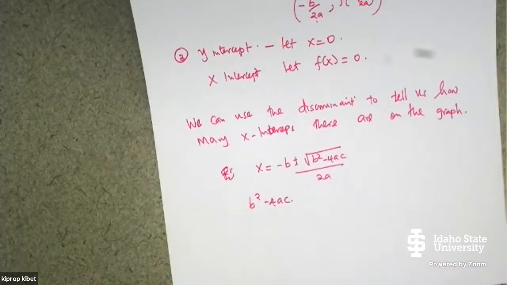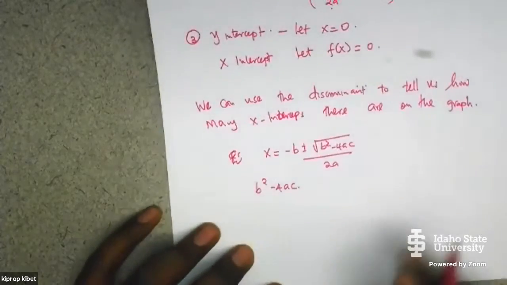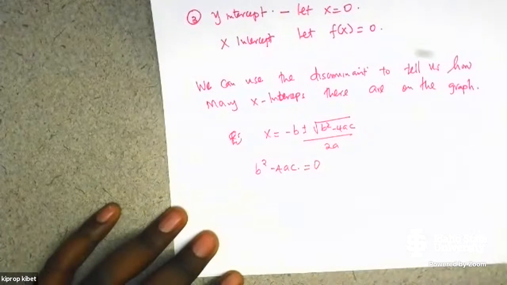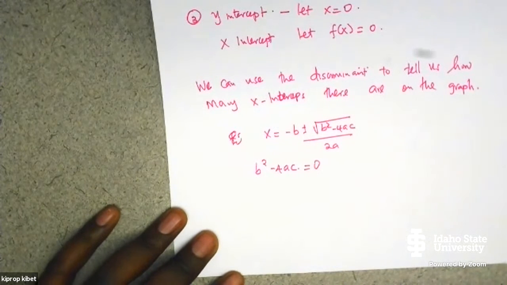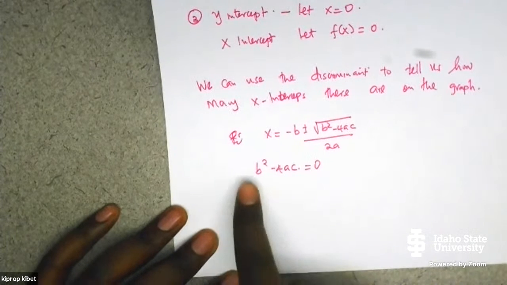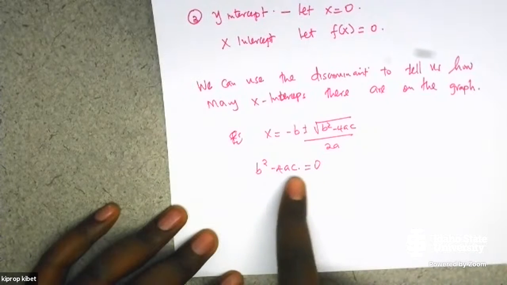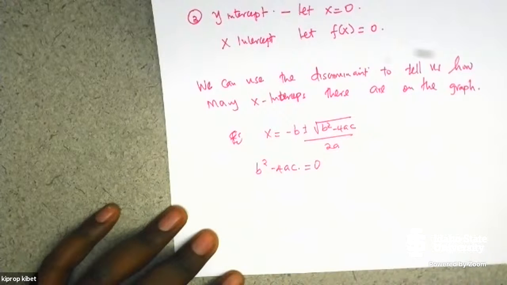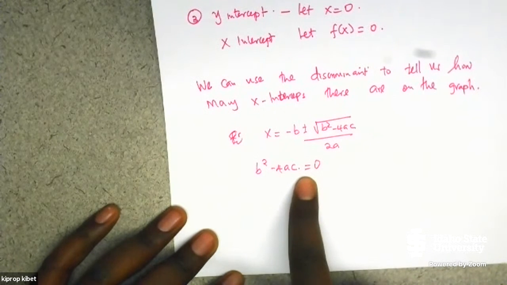Now, if b squared minus 4ac equals 0, what is the number of intercepts there? There's only one, right? Because we remember when b squared minus 4ac equals 0, that's one solution.